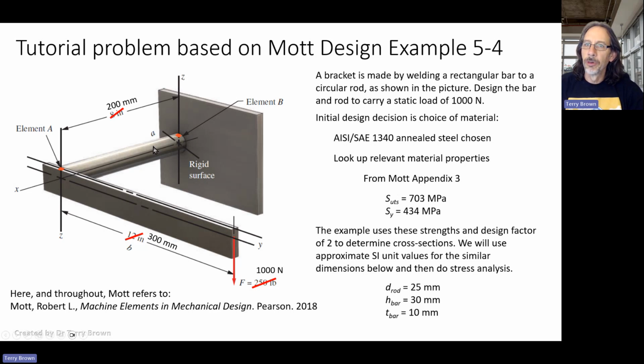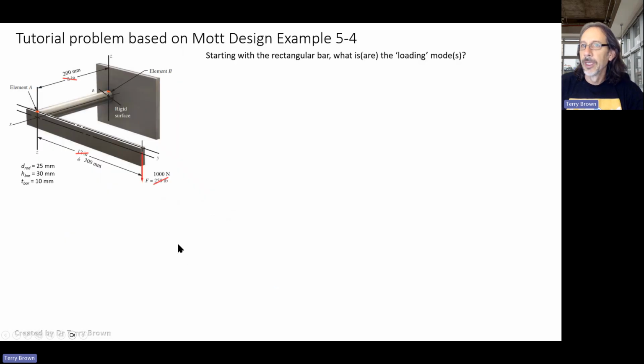So the diameter of the rod is 25 millimeters, the height of the bar is 30 millimeters, and the thickness or width of the bar is 10 millimeters. And the other dimensions here are given. Length of the cylinder or the rod is 200, length of the bar is 300 millimeters.